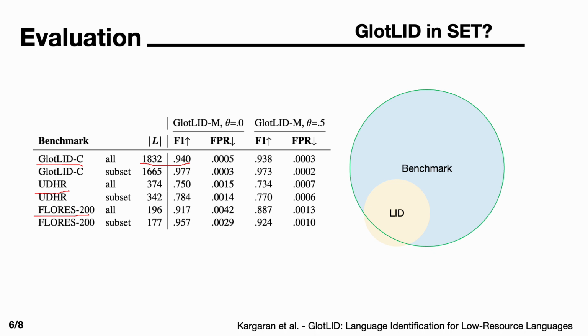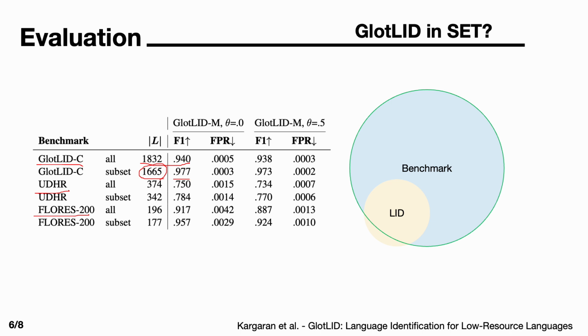We found that for some of the languages we actually don't get a good score, so we did an additional experiment to find out for how many of the languages we have good support. For 1665 of the languages we get a good F1, and this is the number of languages that we claim to support.